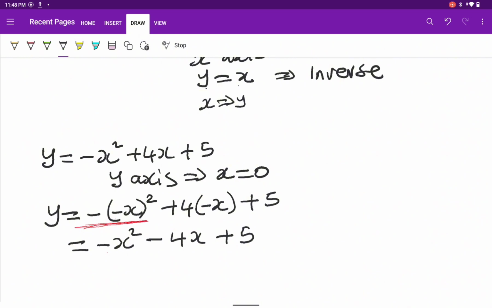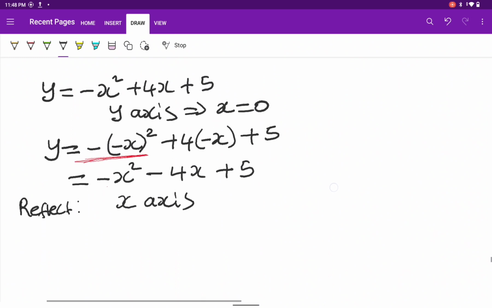All right, so now let's look at the reflection along the x-axis. Remember, we reflect along the x-axis. Now remember, in this case y changes the sign, therefore we are going to have minus y.